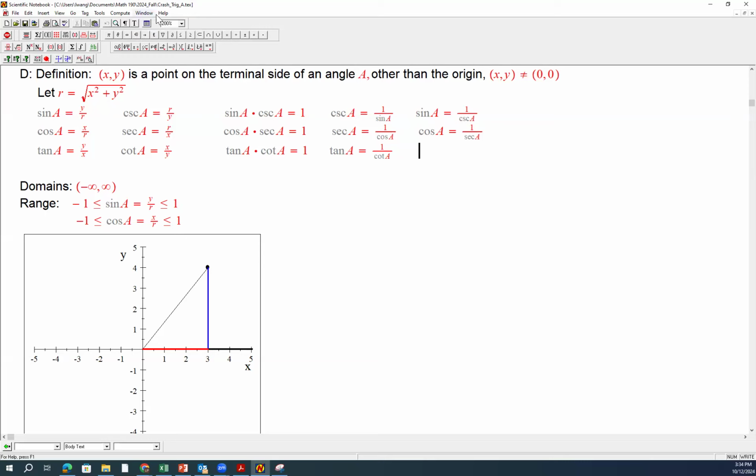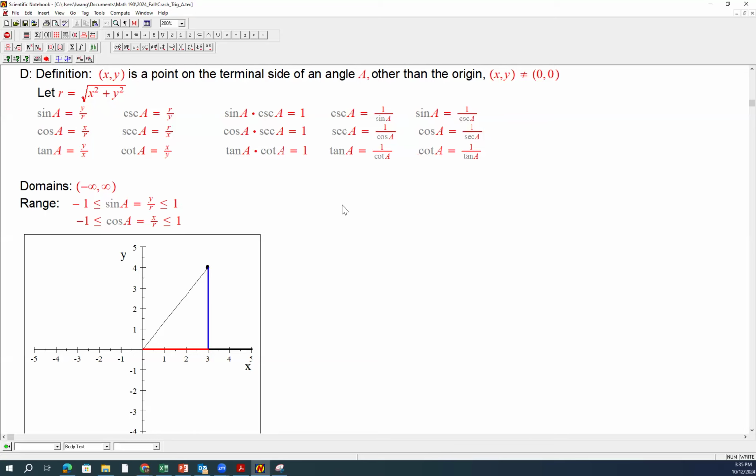And cotangent of A, I'm sorry, typo. Cotangent of A is equal to 1 over tangent of A. So these are the basic relationships and identities we have derived.